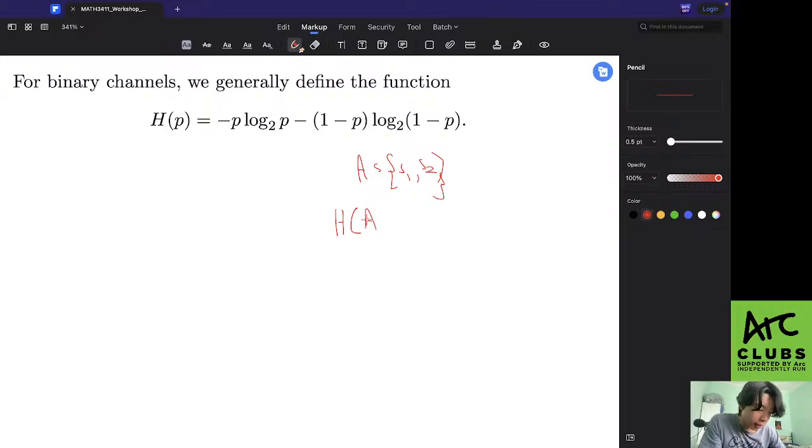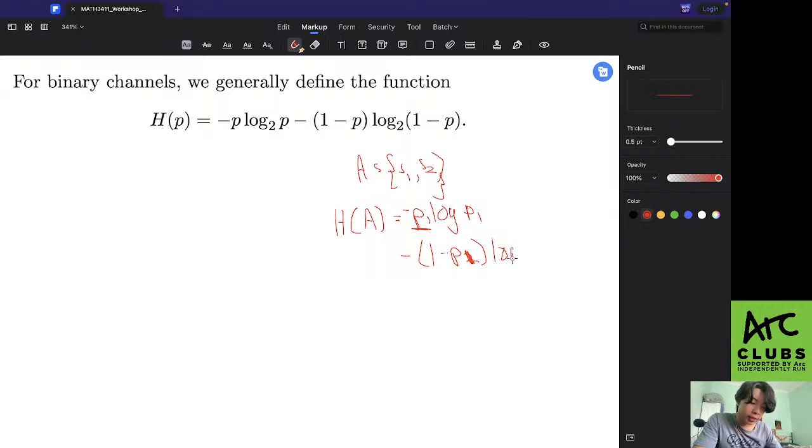And what we might notice is that the actual entropy of A is going to be the probability of getting 1 multiplied by the information of getting that 1. But then it's going to be the probability of getting the other source. Obviously, if the probability to get the first thing is P1, then the probability to get the other thing is going to be 1 minus P1.